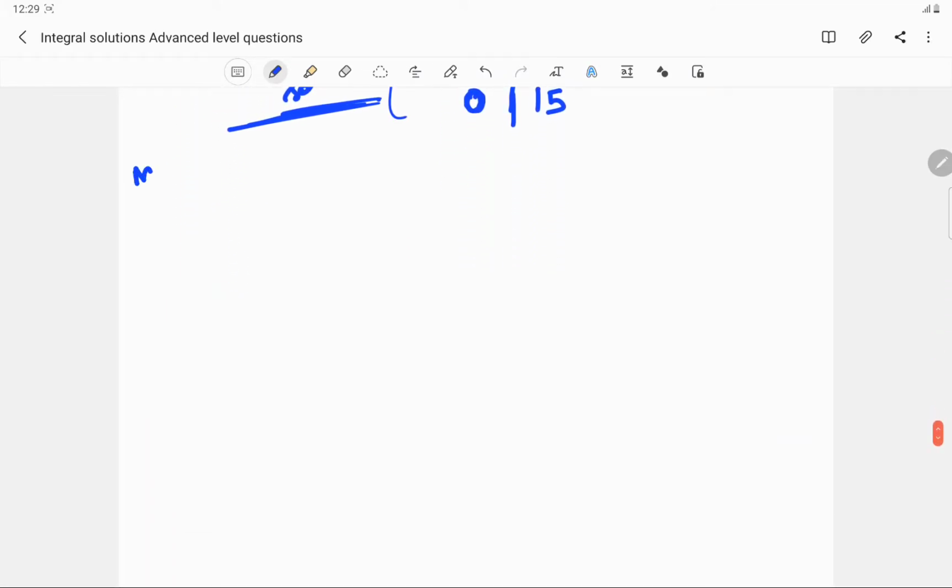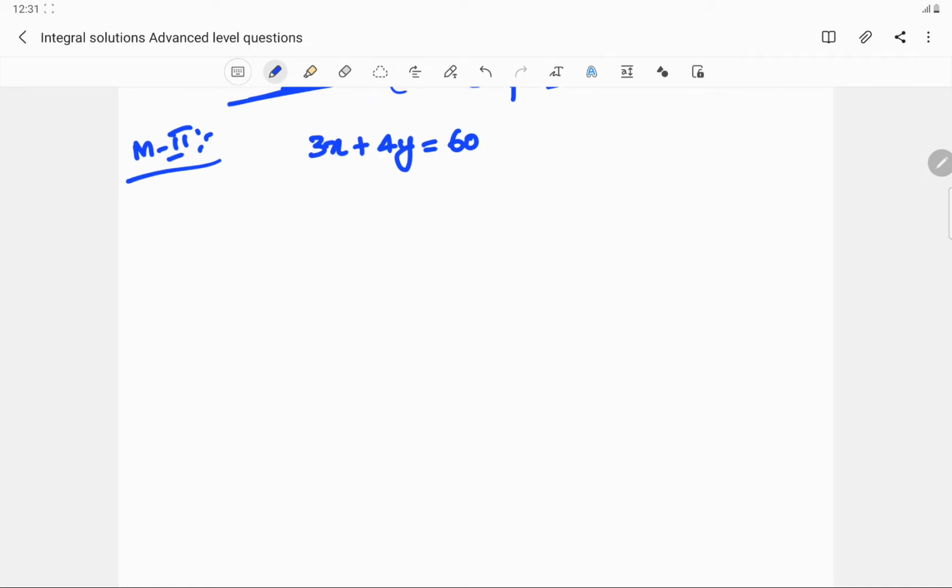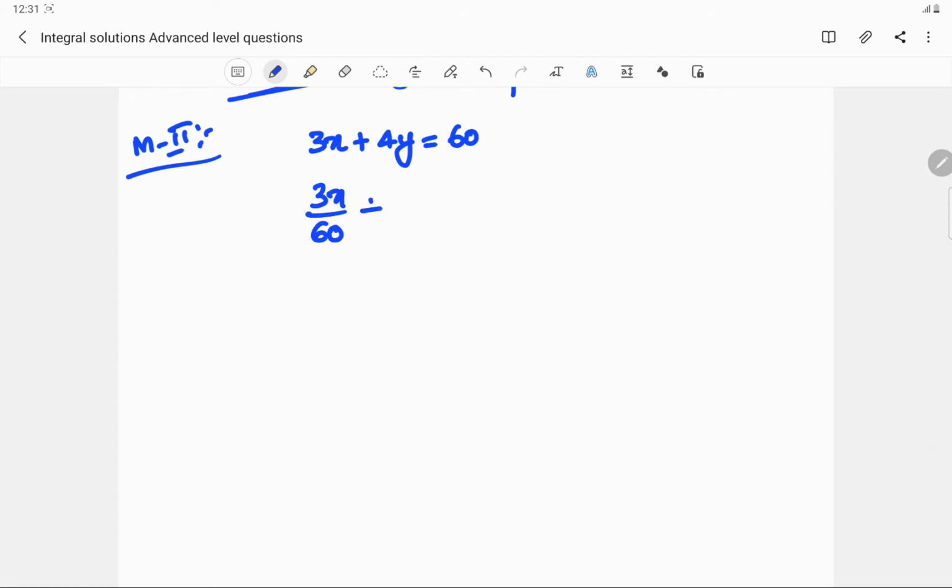So method 2 to solve this equation, the given equation is 3x plus 4y is equal to 60. Now this equation we can write as 3x divided by 60 plus 4y divided by 60 is equal to 1, and this is nothing but x by 20 plus y by 15 is equal to 1.